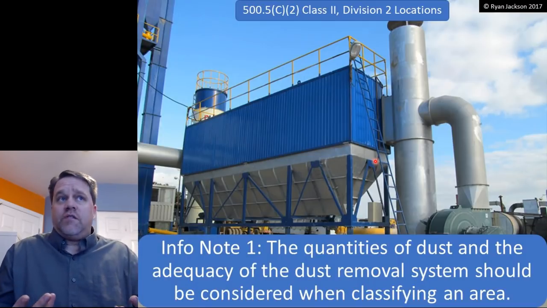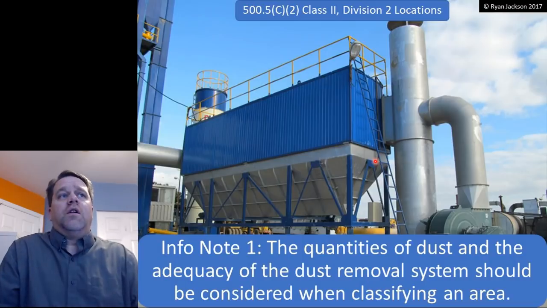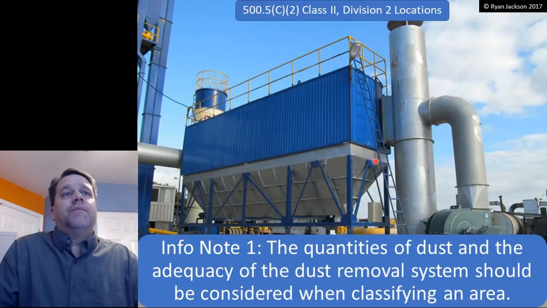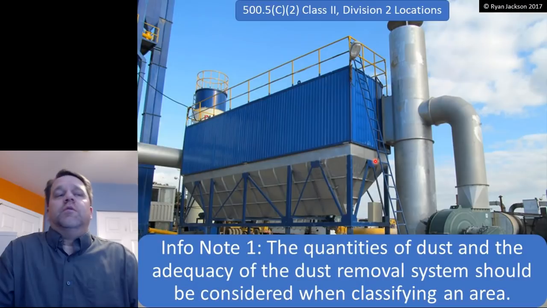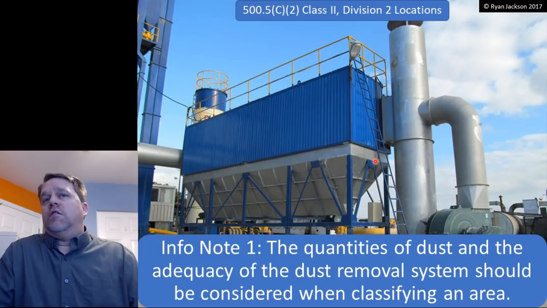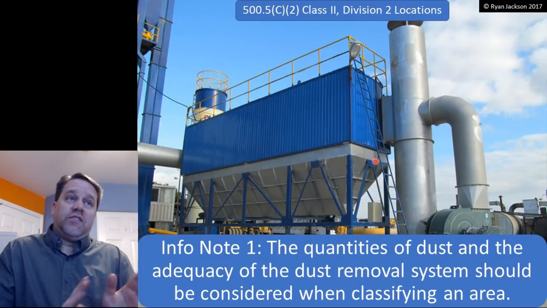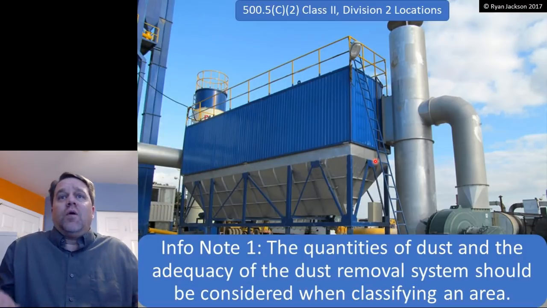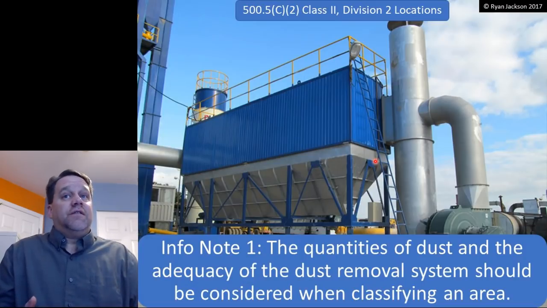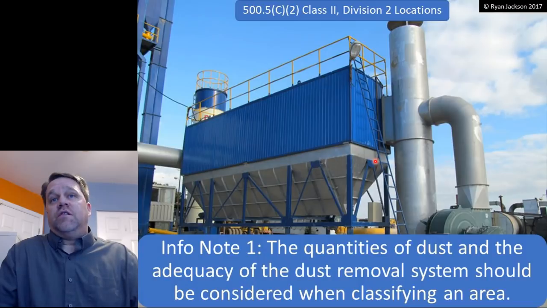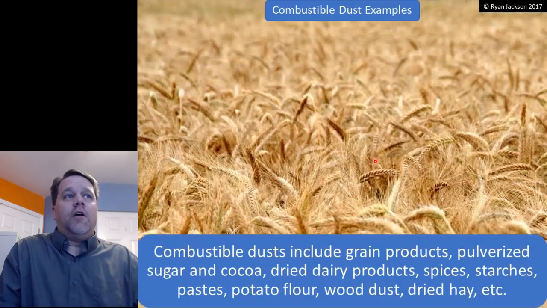The quantity of the dust that I create is nothing like the quantity of dust that's created here at this facility. And the adequacy of the dust removal system. These should all be considered when classifying an area. Now, again, this is an informational note, so it's not a code rule, but it is sage advice. These are things that should be considered when you're classifying an area.